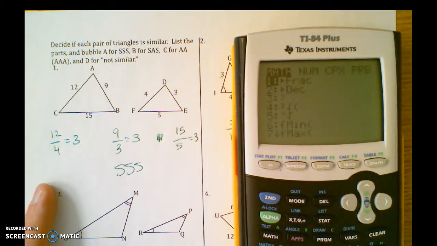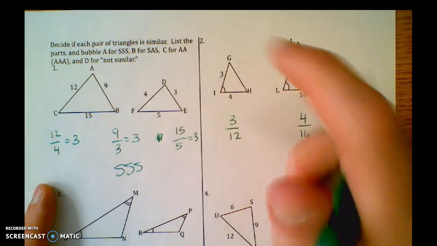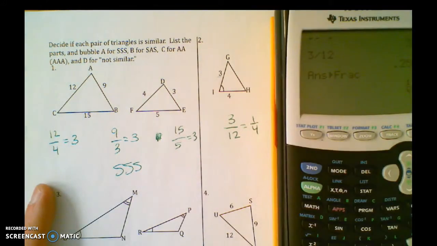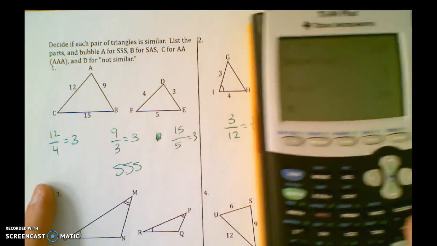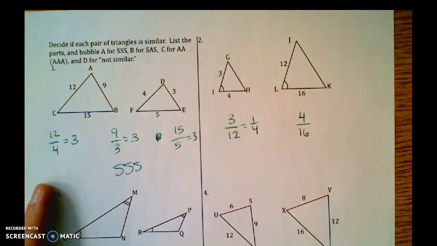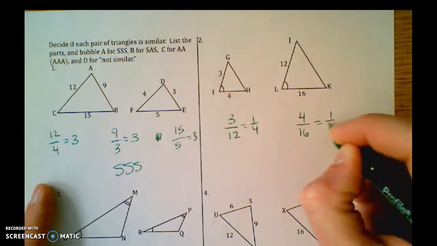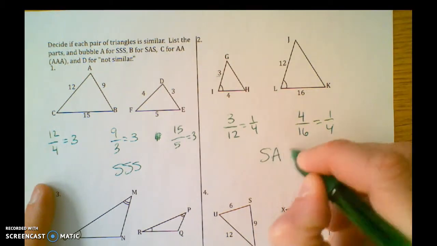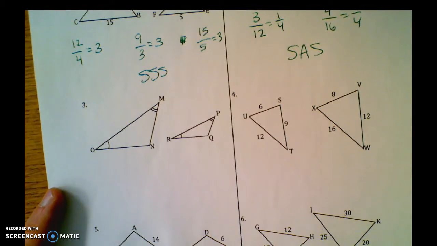Then hit math and then fraction for 1/4. So this fraction reduces to 1/4. Let's try the next one. 4 divided by 16. Math, frac. That also reduces to 1/4. And since the angle is in between, these are similar by SAS. So I could bubble in letter B down on the bottom.